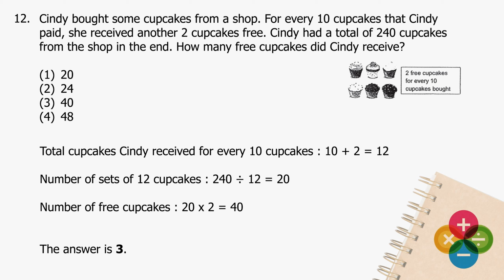The total number of cupcakes Cindy received, with every 10 cupcakes purchase will be, add 10 to 2, and the sum is 12. The number of sets of 12 cupcakes will be, divide 240 by 12, and the quotient is 20. The number of free cupcakes received will be multiply 20 by 2, and the product is 40. The answer is 3.